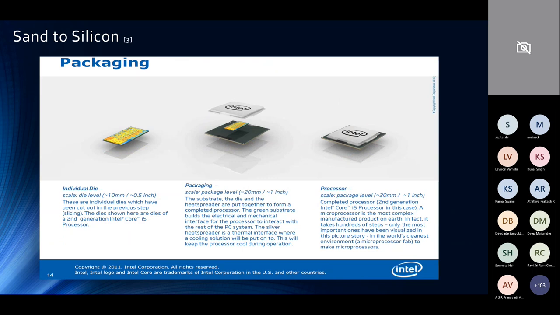So that's an individual die. So this is what you have defined or created. Let's say it's a Core i5 desktop processor. After you get that functional die, you go through packaging, and then you have that processor, right? So this is what you see in a box when you go to a market and shop for that.